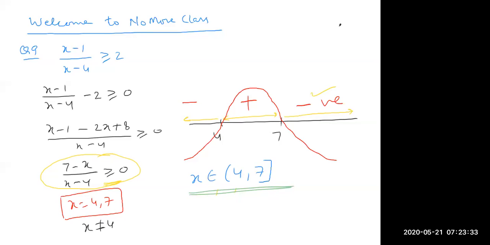Now coming to the last problem. Last problem is question number 10. This is also a very important problem for concepts. The question is x square minus 5x plus 4 upon x minus 4 is greater than 0.